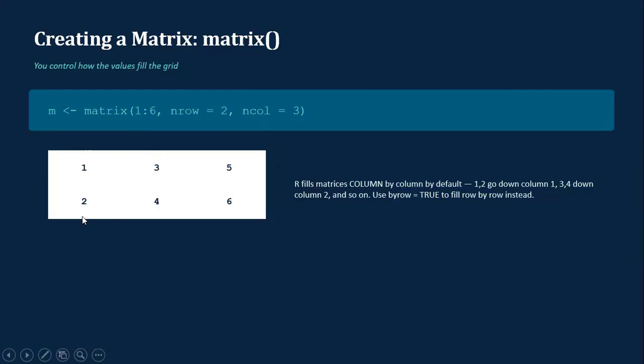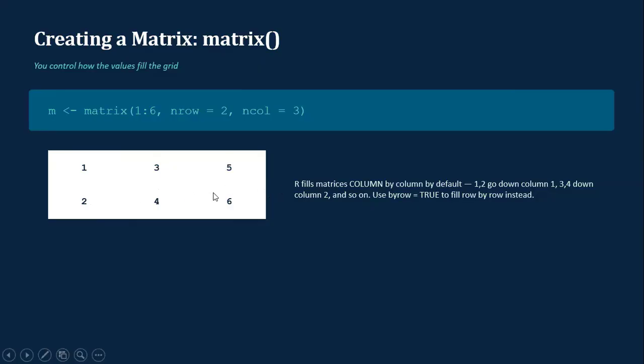Here is the part that catches nearly everyone off guard. R fills matrices column by column by default. 1 and 2 go down the first column, 3, 4 down the second, and so on. Not left to right, like you would expect from reading a table.